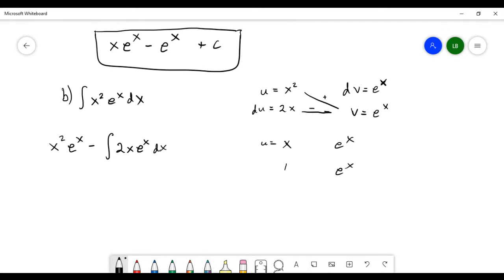We've got u equal to x and dv equal to e to the x. But this does mean that with some problems you have to do repeated integration by parts. This would be the answer if we just copied the results of the previous problem.